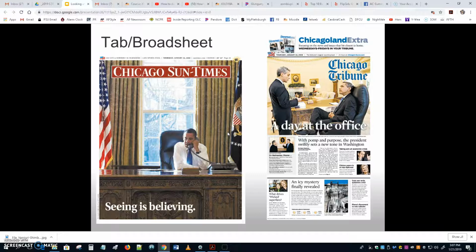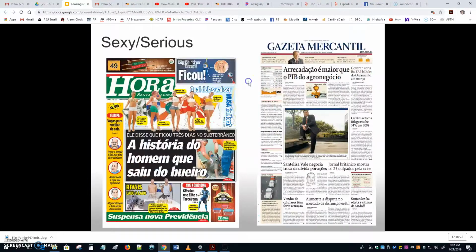They tend to feel more user-friendly. Many big cities had tabs, thinking that they were for commuters. You're sitting on the subway or something, and it's hard to open up that big broadsheet paper. And this is a broadsheet paper, a traditional size newspaper, versus a tab, which is a smaller, square, large book shape. So that's one way we could classify newspapers. Are they tab or broadsheet, which are the two major types.